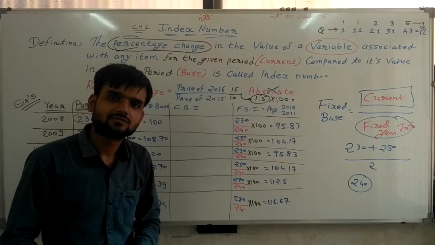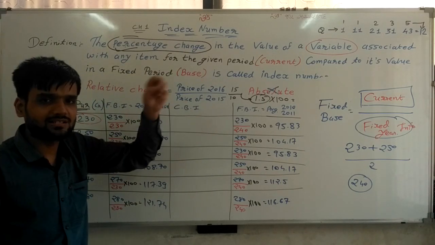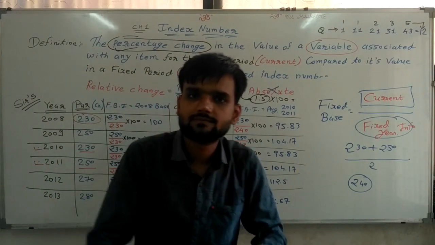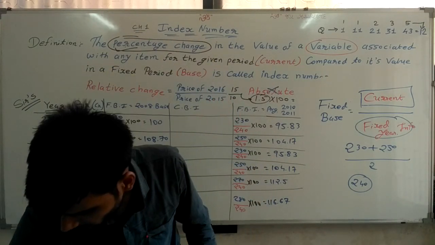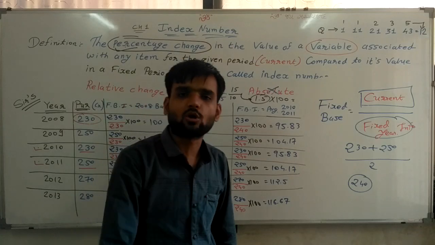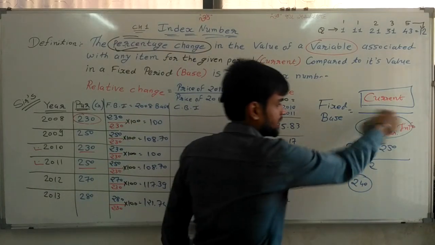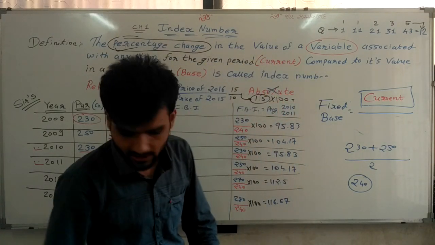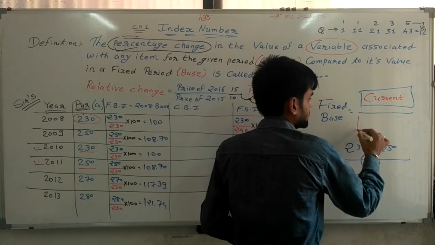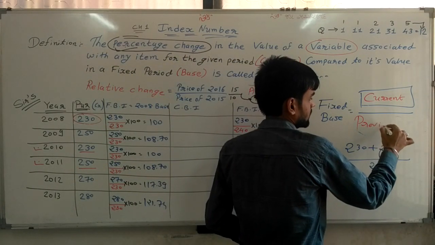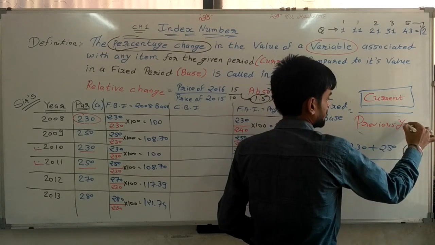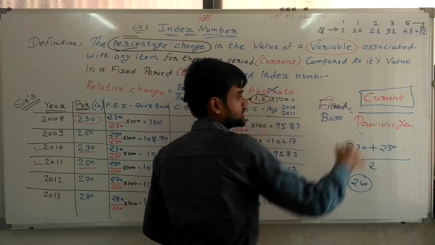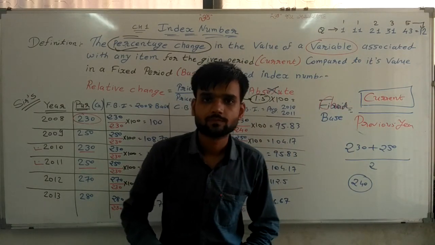Now going ahead, last one, chain base index number. Now sir, what is chain base index number? Sir, in chain base index number only one thing is there. In fixed base the base is fixed, but in chain base, the previous year becomes the base, and this becomes chain base index number.